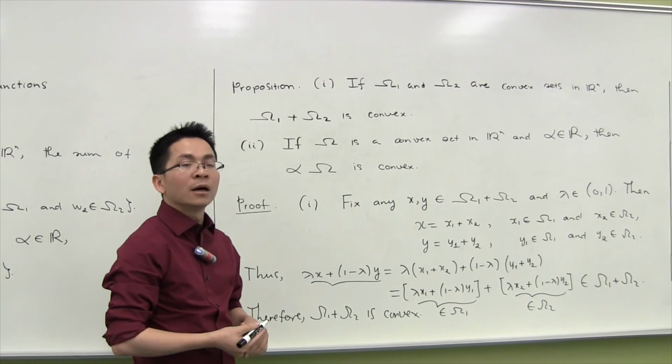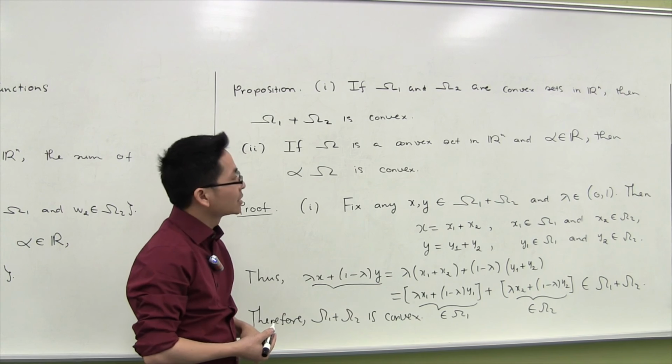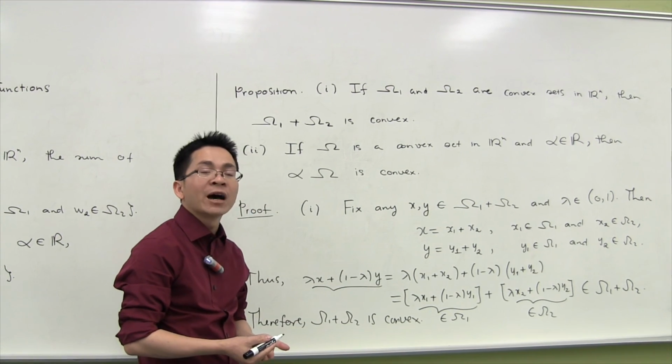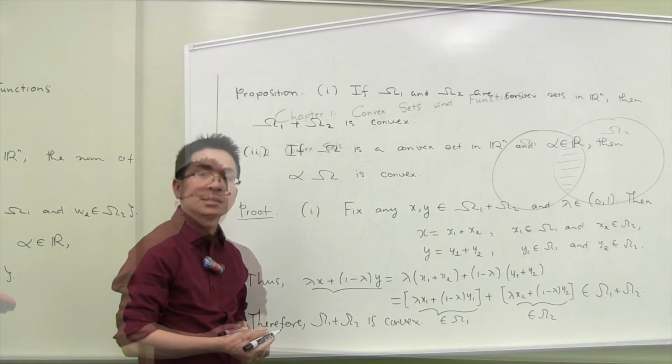Alternatively, we can prove this proposition by using the fact that the direct image of a convex set via an affine mapping is always convex.